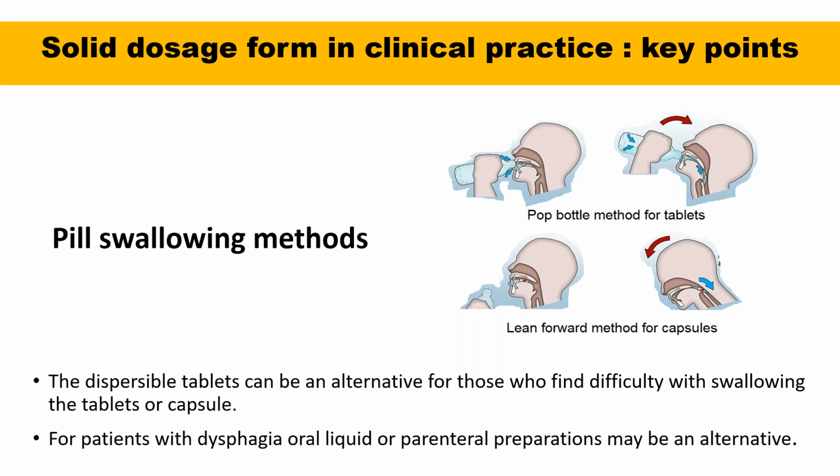The dispersible tablet can be an alternative for those who find difficulty swallowing tablets or capsules. Patients with dysphagia especially have a lot of difficulty in swallowing, so the pop bottle method for tablets or the lean forward method can be advised.